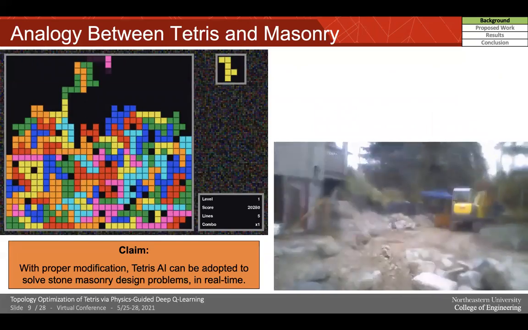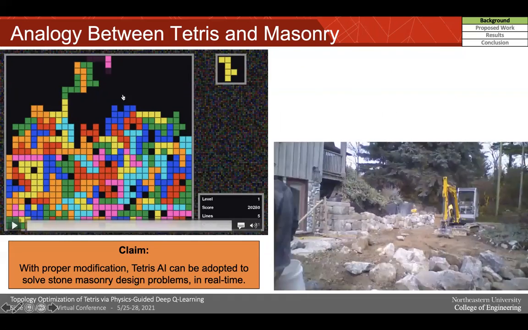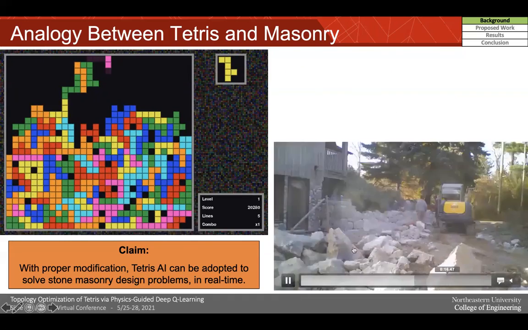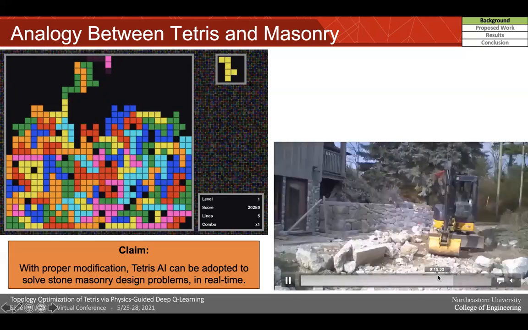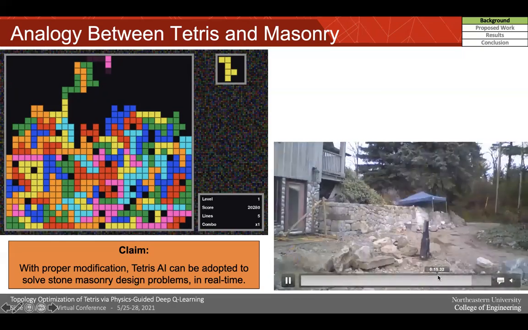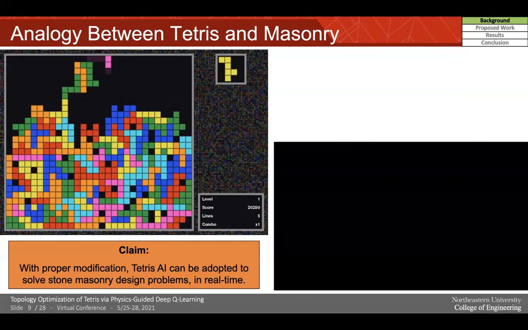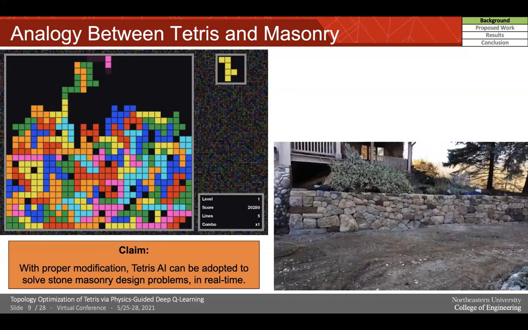Specifically, both of them utilize heterogeneous blocks to form an overall structure, while their final performances are determined by the organization of the blocks. Inspired by this analogy and the success of the state-of-the-art AI to conquer Tetris game, we claim that Tetris AI can be adopted to solve stone masonry design problem in real time with proper modification.